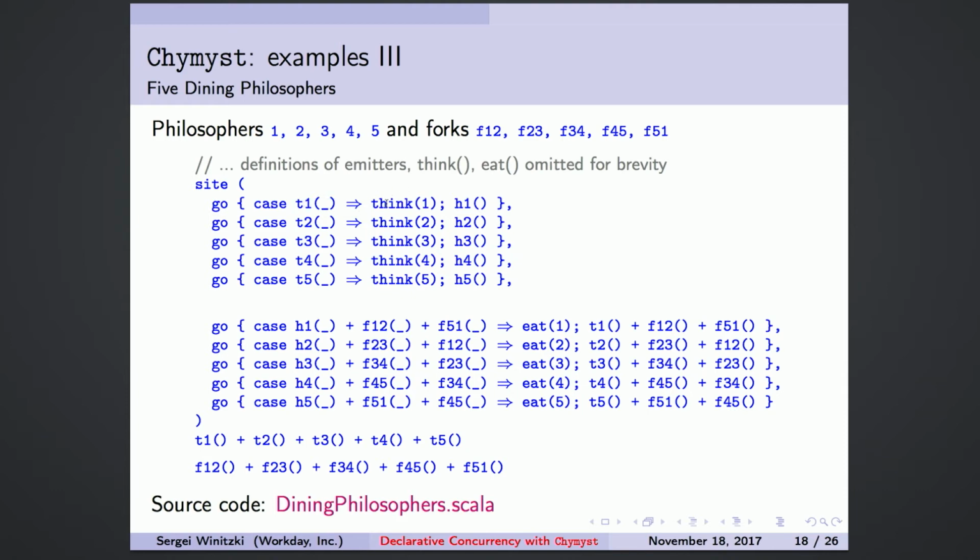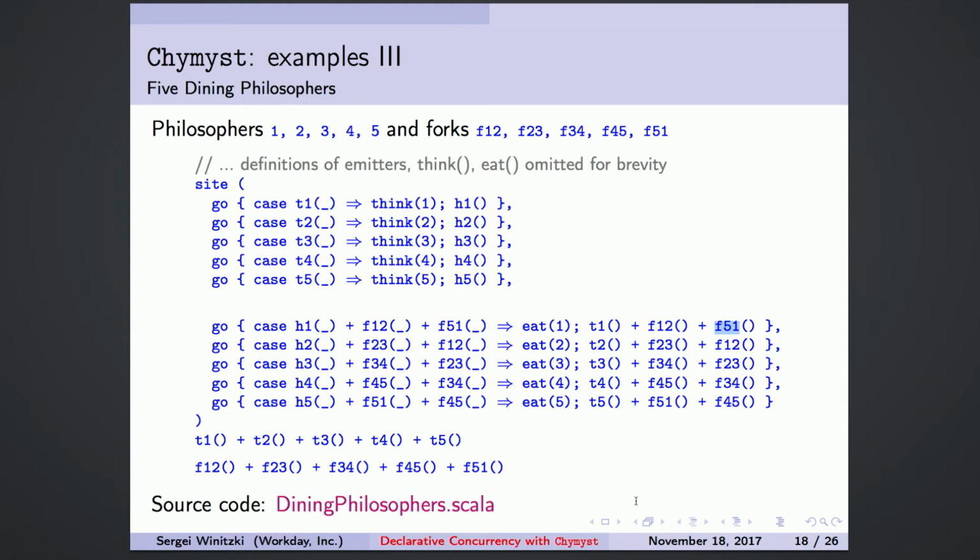It thinks for some time, and then it emits a molecule for a hungry philosopher, and so on for the other philosophers. The hungry philosopher takes the two forks next to it, starts eating, then starts thinking, puts down one fork, and puts down the other fork.